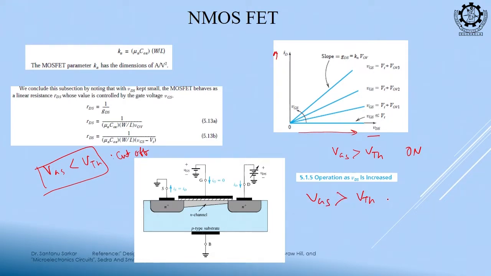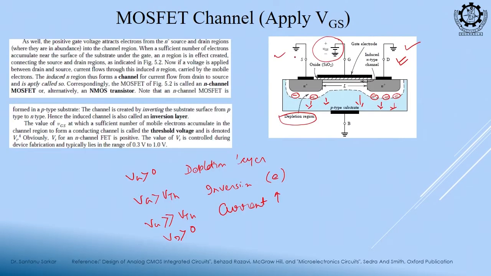When drain is 0 and source is also 0, this VGS is uniform throughout from source to drain, so the field of this channel is uniform.